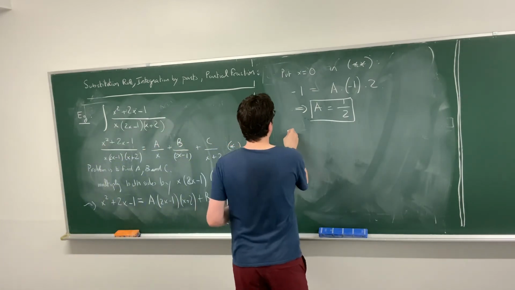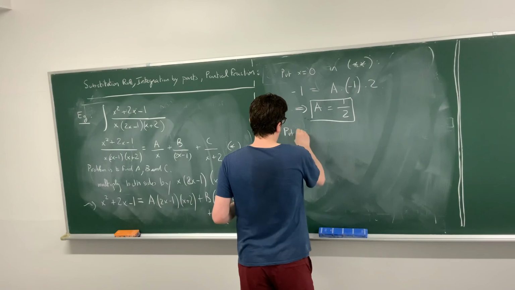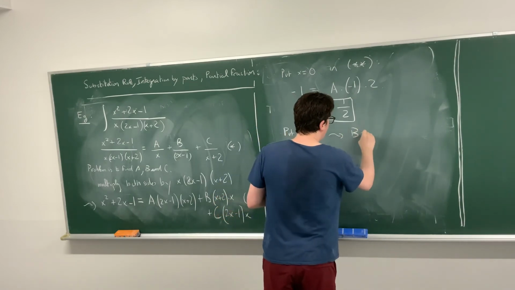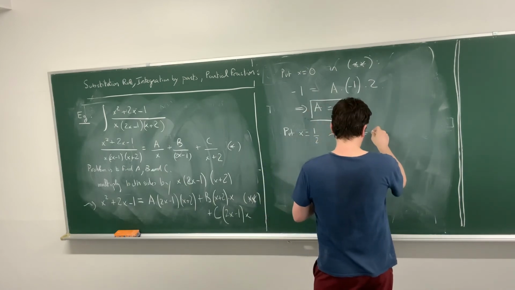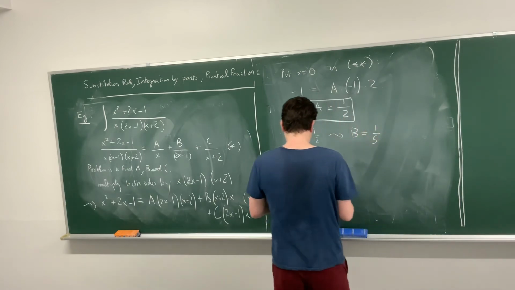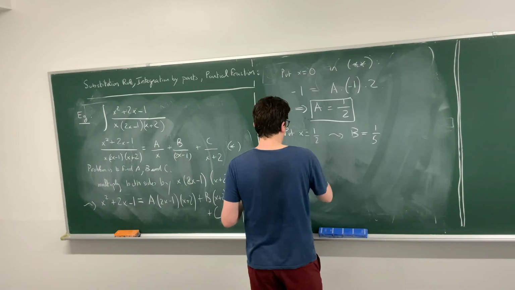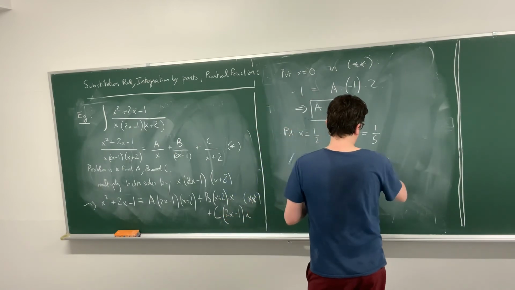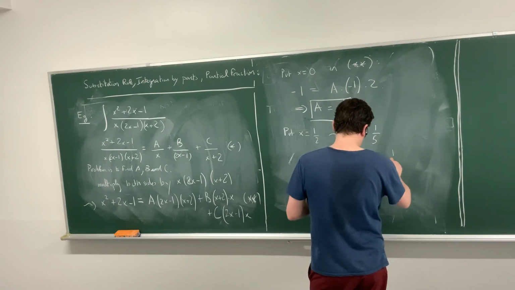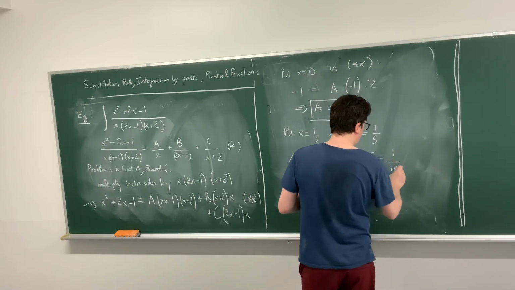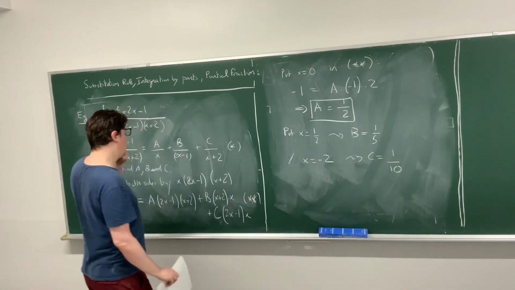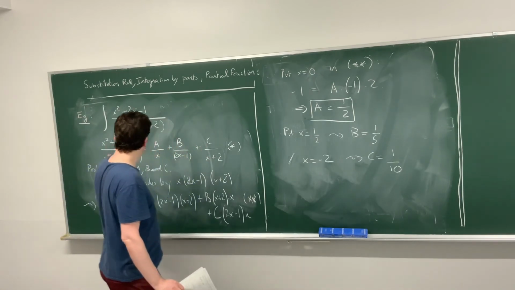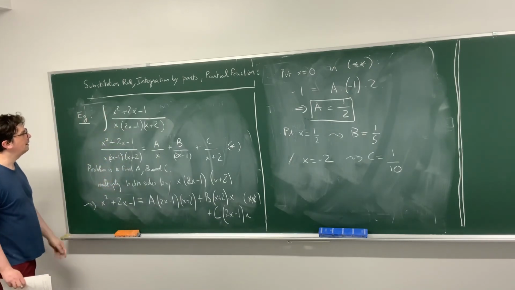Now you do the same, you put x equals half, you will get the value of b, and you will find 1 over 5. And then you put x equal to the third root, minus 2, and I let you do the calculation. You should find c equal to 1 over 10. Now, if you put again in star these values for a, b, and c, you see that now you can evaluate.